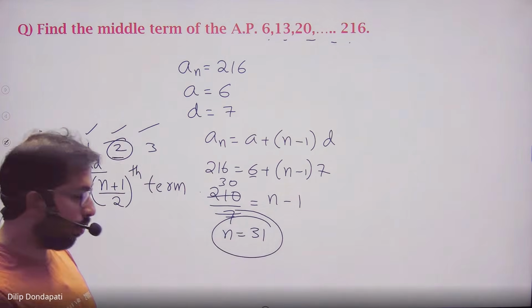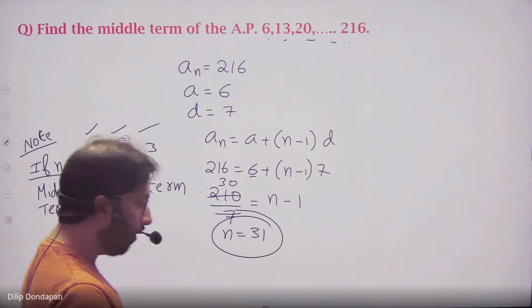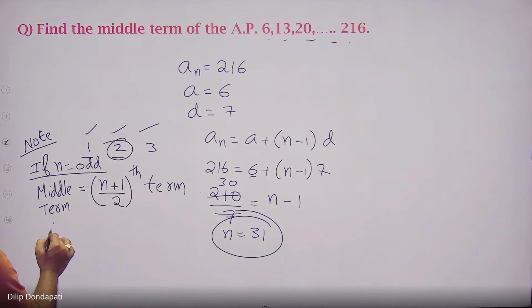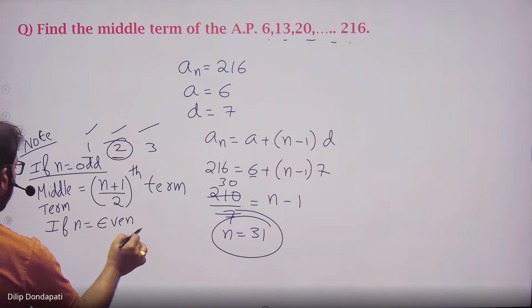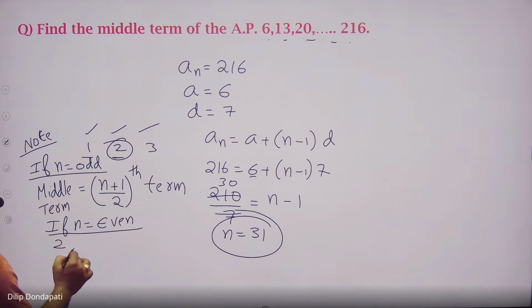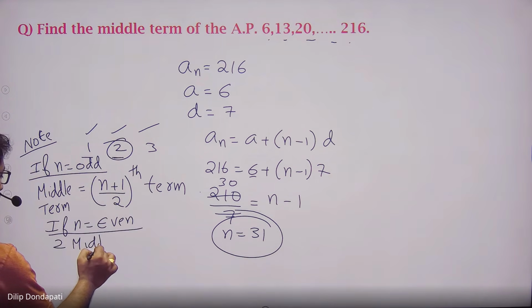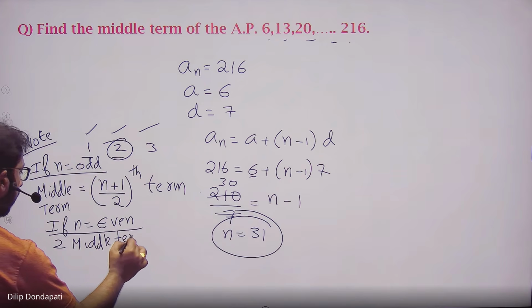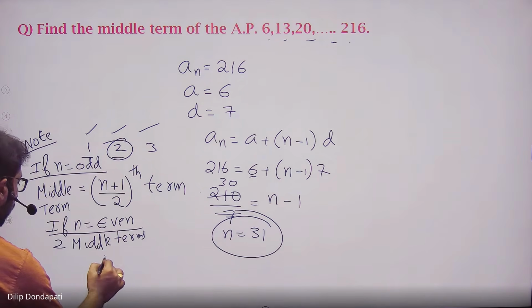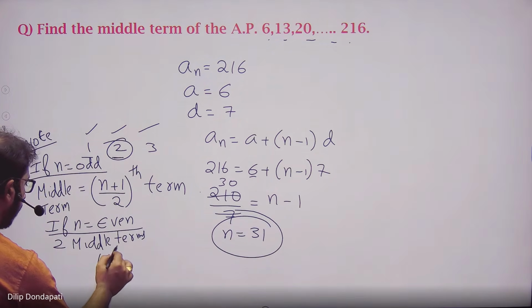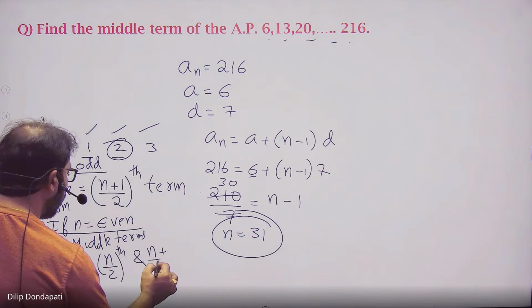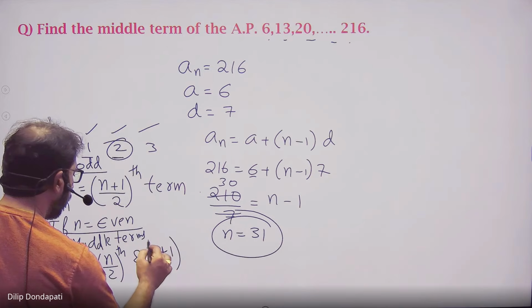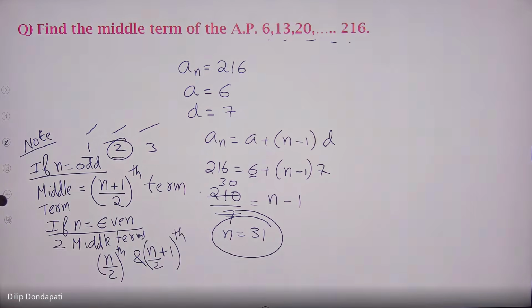If n is even, there will be two middle terms. One is the n by 2th term, and the other is the n by 2 plus 1th term. We have to find both the middle terms.